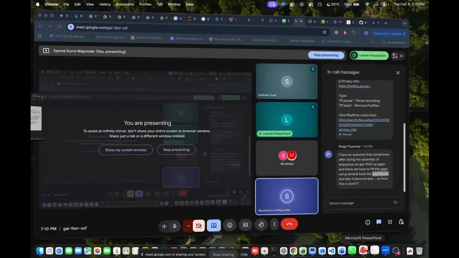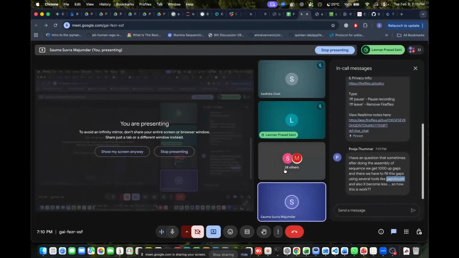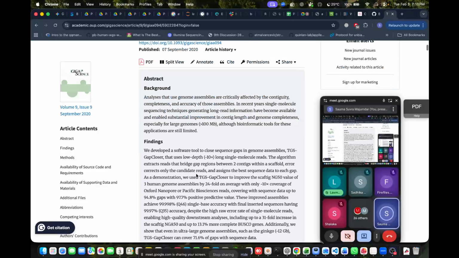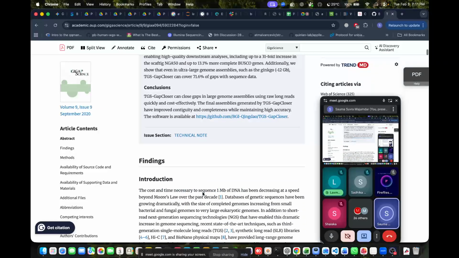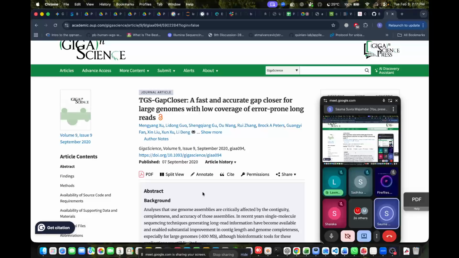No. I think, Pooja, I'm not very familiar with this particular software, but from what I understand, it's not exactly alignment. I think you're talking about assembly.